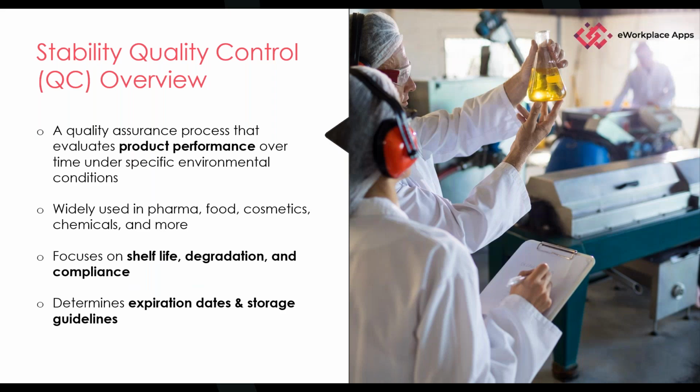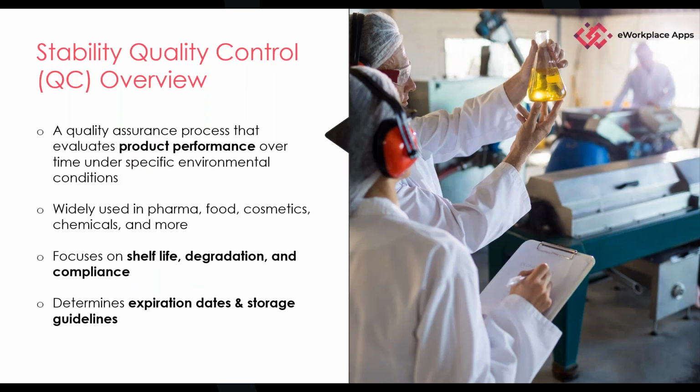So the idea of stability and quality control is that it's important in many industries that they make a product, and then over a period of time, they need to make certain that it is performing, it's reacting, it's in the state that it was when it was manufactured. Think of bread spoiling.